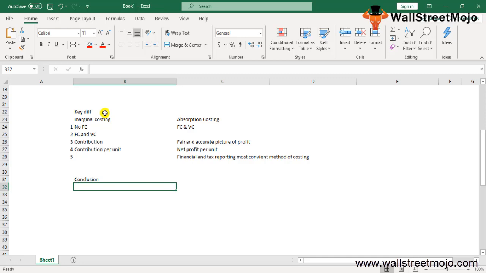But if a company has just started out and the purpose is just to see the contribution per unit and the break-even point, marginal costing may be very useful for startups. Otherwise, it is better to use absorption costing because it helps the firm look at their costs comprehensively, and they will be able to strategize around cost effectiveness.